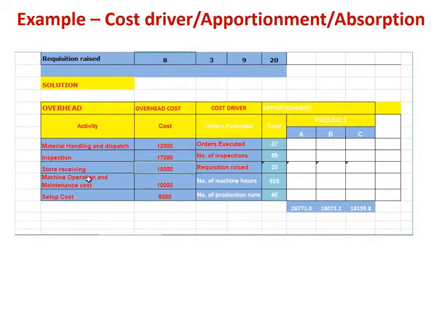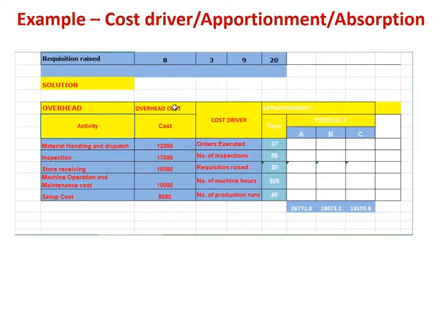apportioning. Then machine operation and maintenance cost, number of machine hours. According to the hours the machine has run, they are dividing the machine operation and maintenance cost. For setup cost, number of production runs. So these are the cost drivers for the various overheads.